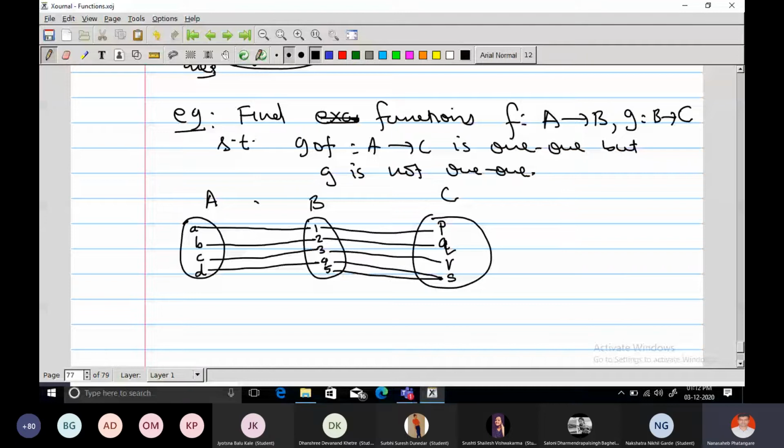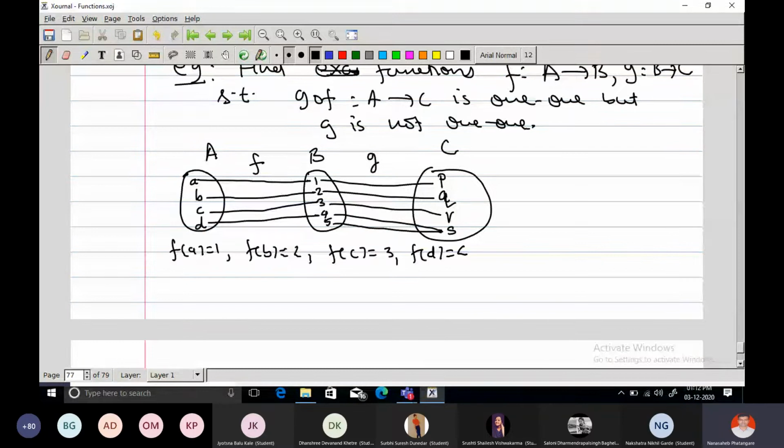Can you see the functions clearly? f of a is equal to 1, f of b is equal to 2, f of c is equal to 3, f of d is equal to 4. Is f a function from A to B? Yes, sir. g of 1 is equal to p, g of 2 is equal to q, g of 3 is equal to r, g of 4 is equal to s, and g of 5 is also s.